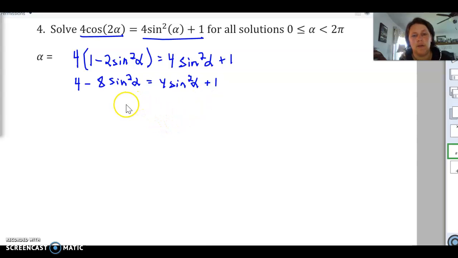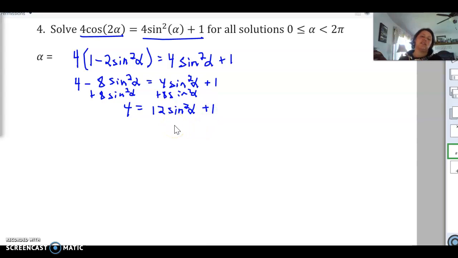Okay, I want to combine like terms now, and actually why don't we just go ahead and get this equation equal to 0 as well. Let's just combine like terms. So we've got 4 equals, we're going to add the 8 sine squared alpha to both sides. And that's going to give us 12 sine squared alpha plus 1.